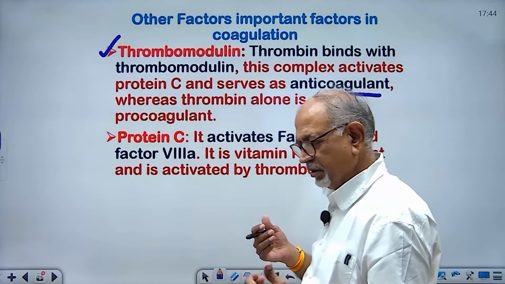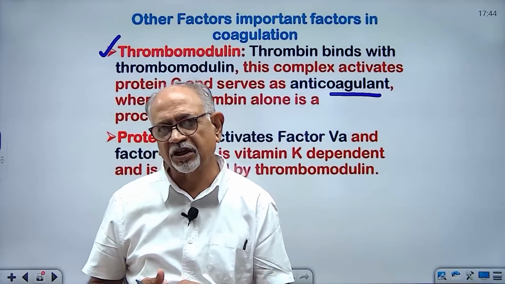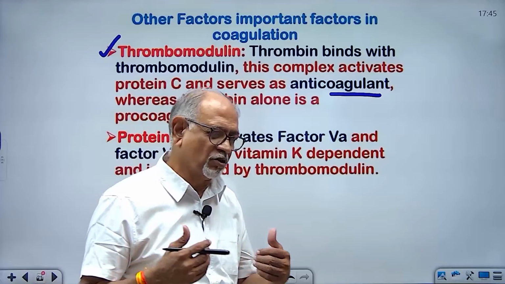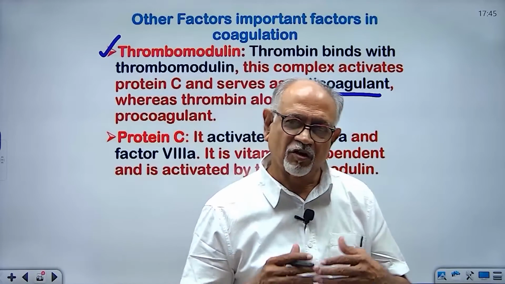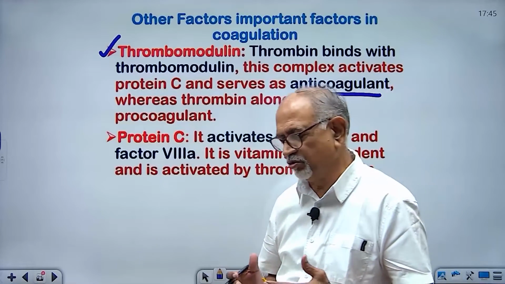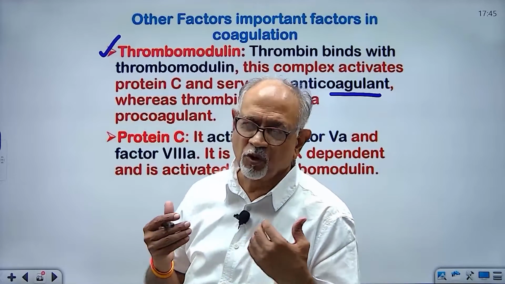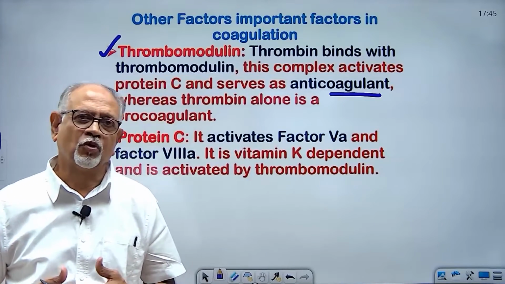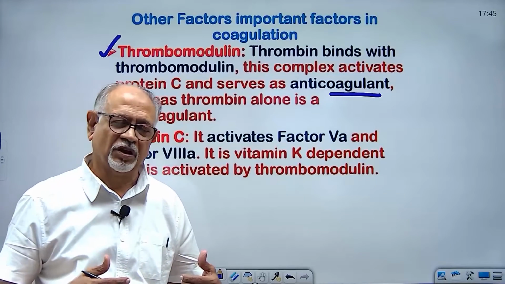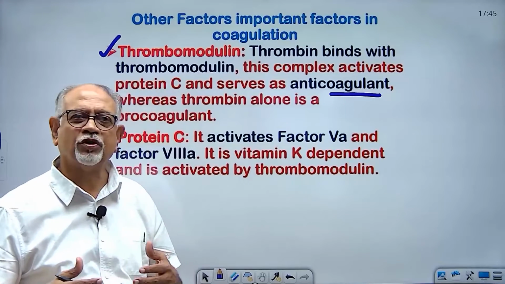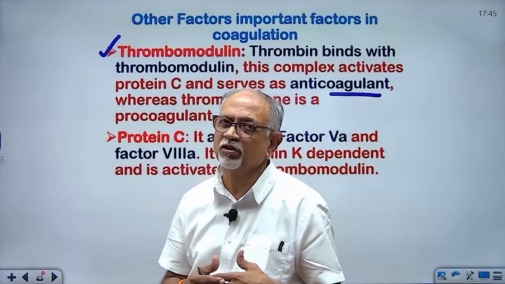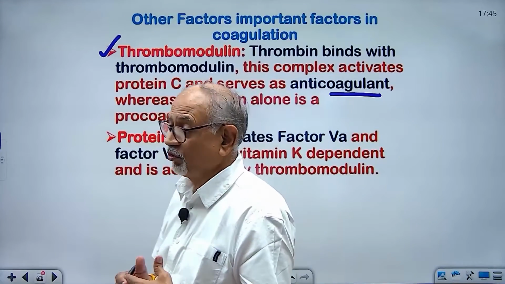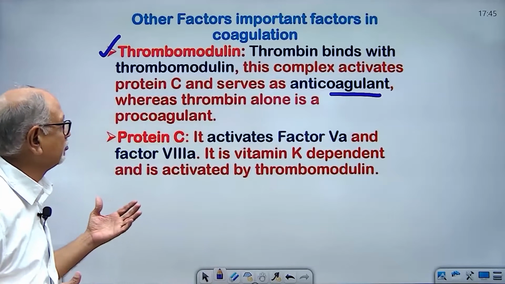In the initial part of the lecture, I said that the blood clotting factors are of two types. Those which promote coagulation are called procoagulants, and those which inhibit coagulation are called anticoagulants. So, it is that type of a factor.